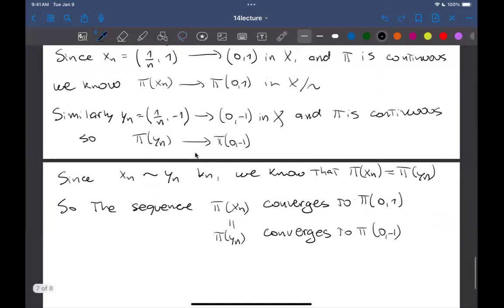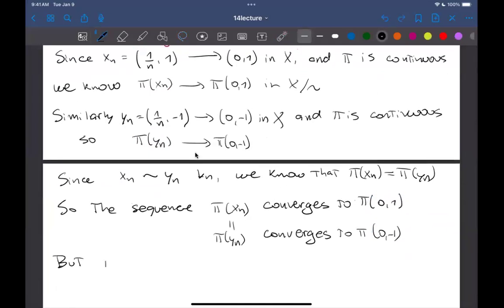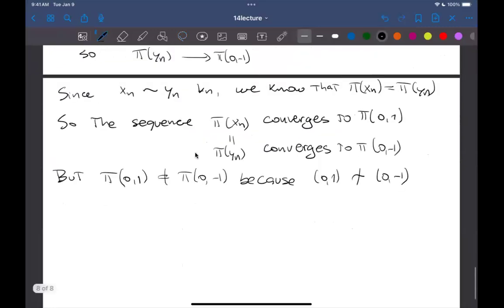But these two points are not the same. Phi of (0, 1) is not phi of (0, -1), because (0, 1) is not related to (0, -1). So the space cannot be Hausdorff.